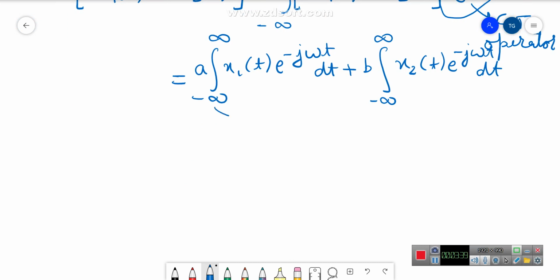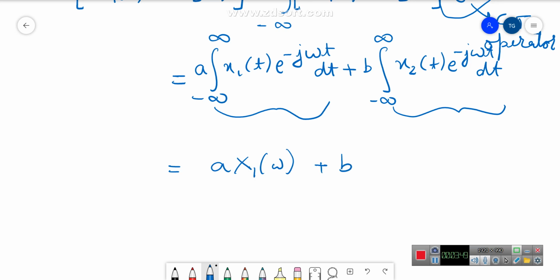From the definition we know this is X1 of omega and this is X2 of omega. So this can be written as a X1 of omega plus b X2 of omega. This is how the linearity property is proved.